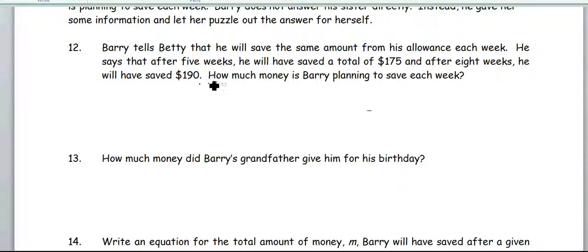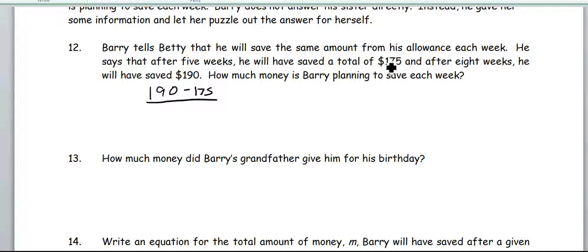Well, let's see. If we figure he has $190 after 8 weeks, and we have $175 after 5 weeks, the difference, we're going to divide by 3, because the difference is each week he's saving a certain amount.